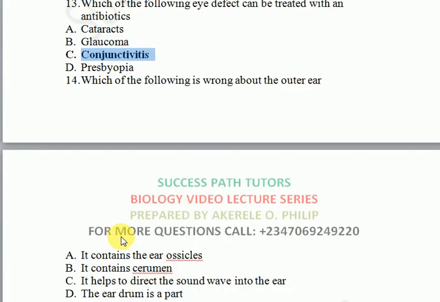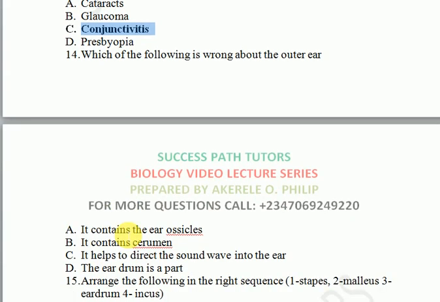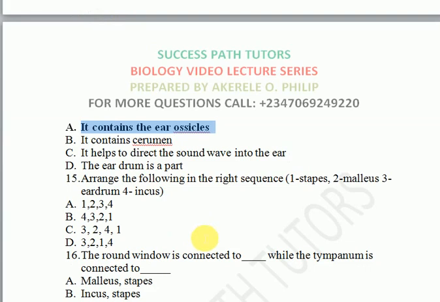Which of the following is wrong about the outer ear? It contains ear ossicles, it contains cerumen, it helps to direct the sound wave into the ear. The eardrum is a part, but the ear ossicles are found in the middle ear. So this is the wrong statement. Arrange the following in the right sequence.